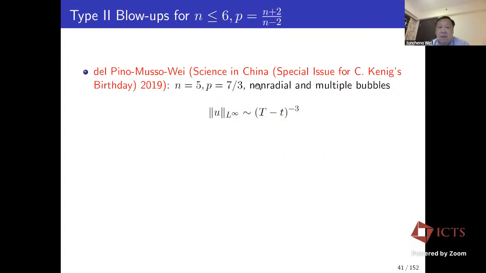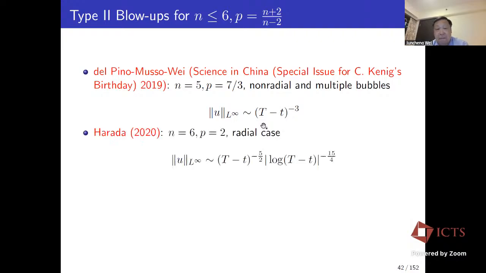And in dimension 5, we construct the non-radial blowups with this blowup rate. And in dimension 6, Harada in 2020 constructed the blowup with this type of blowup rate.